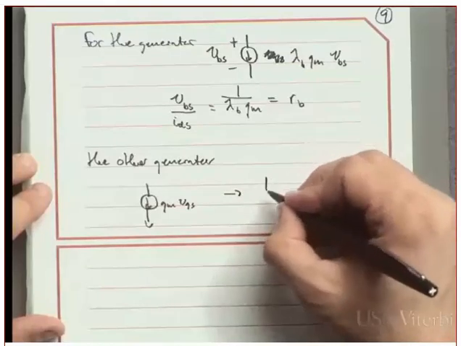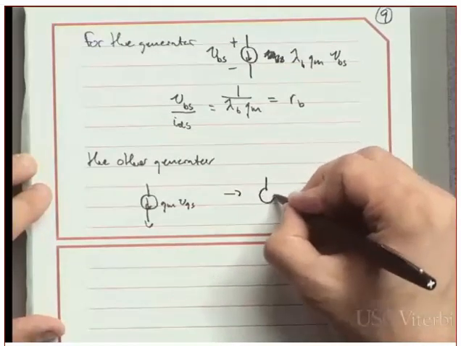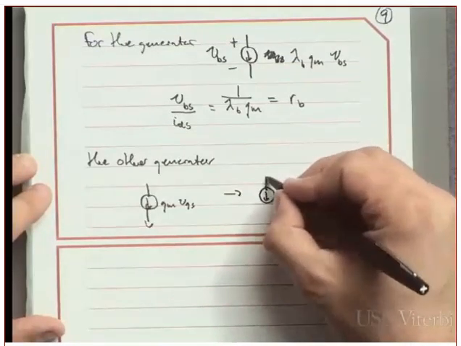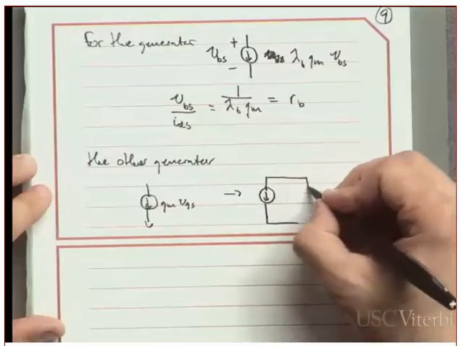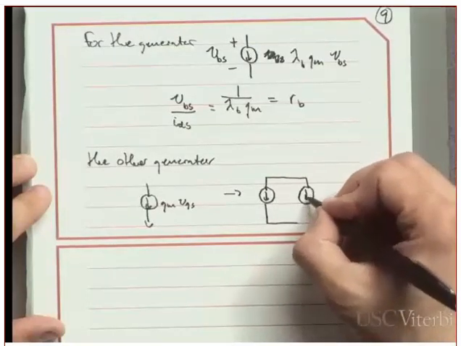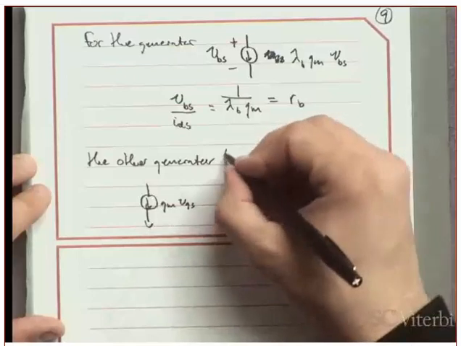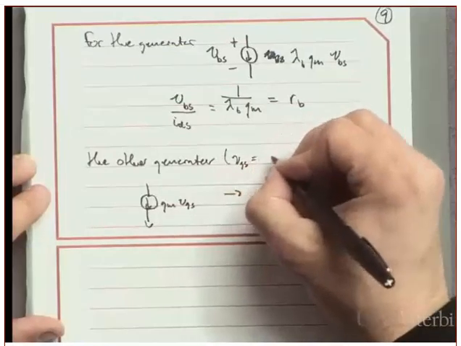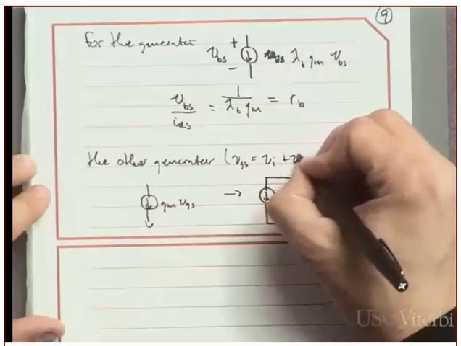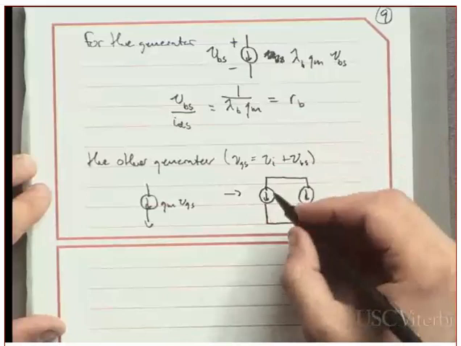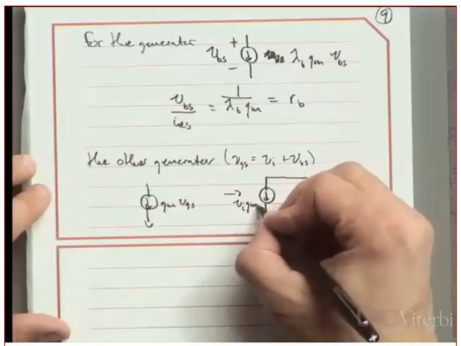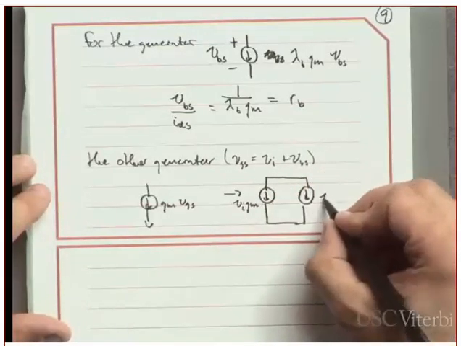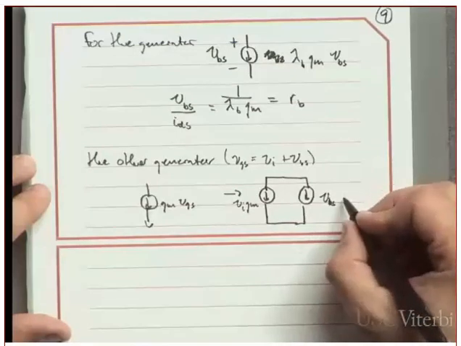So if I do that, I have two generators. So this one is VI times GM, and this one is VBS times GM.